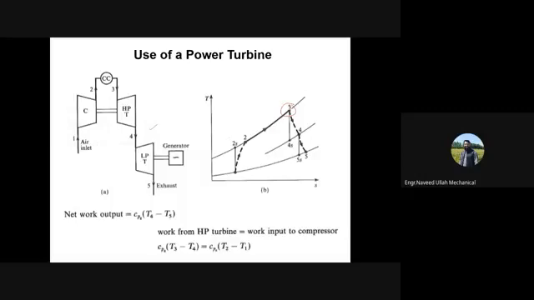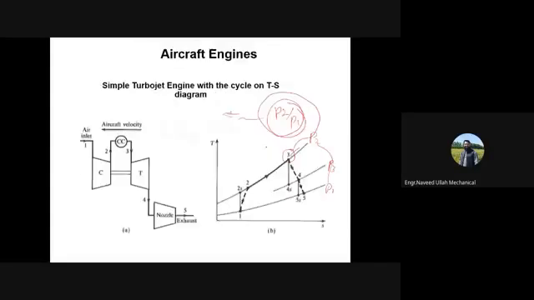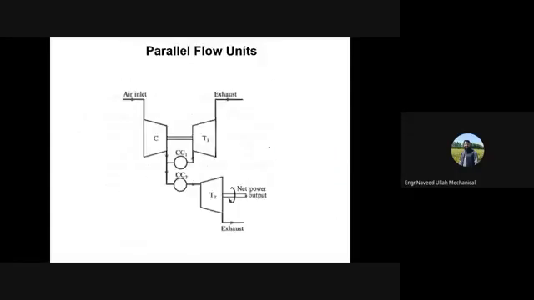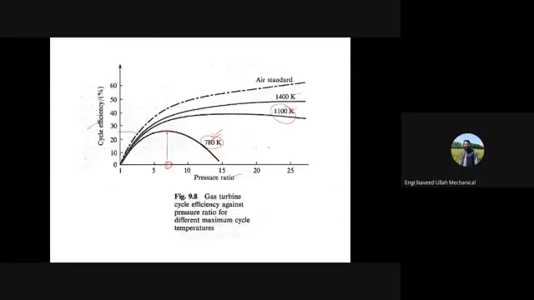It says that for this maximum temperature, every pressure ratio will not give you the maximum efficiency and maximum work ratio; rather, there is a specific pressure ratio for a specific maximum temperature which will give you the maximum efficiency and similarly the maximum work ratio. Generally it comes to our mind that the more the air is compressed and combusted, the more enthalpy will be introduced and the more work will be produced, but that is not the case.